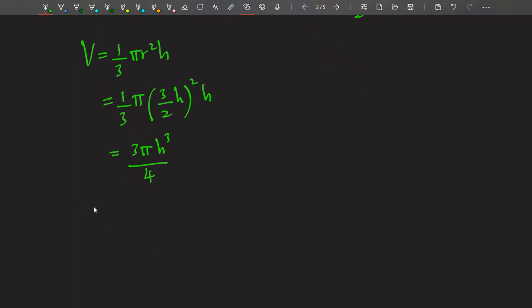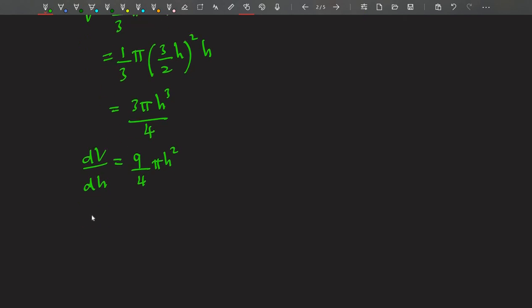Next, dV over dH means we differentiate the V that we have, in terms of H, with respect to H, and this will be 9 over 4 pi H squared. Next, dH over dV is equal to 4 over 9 pi H squared.